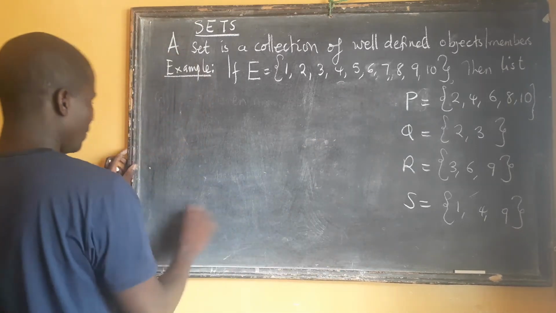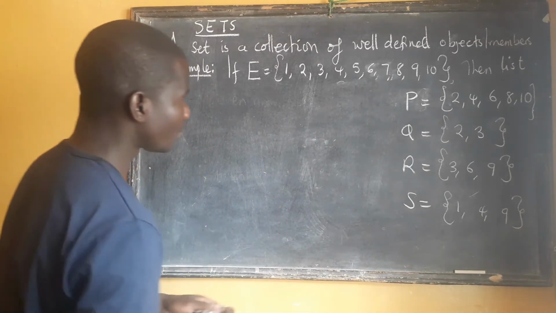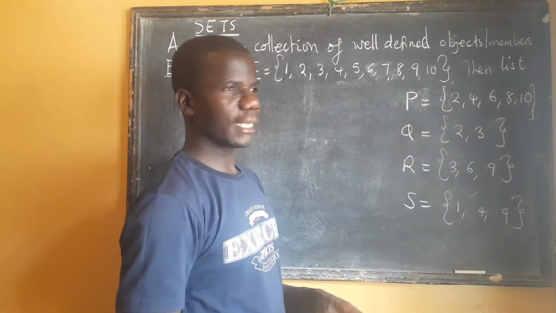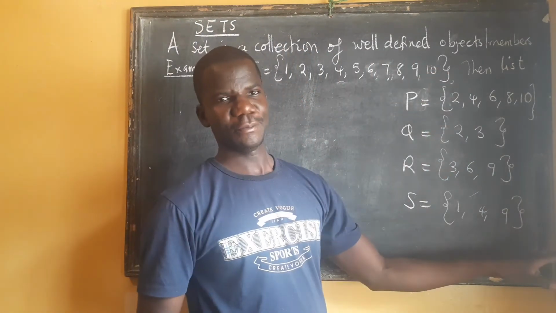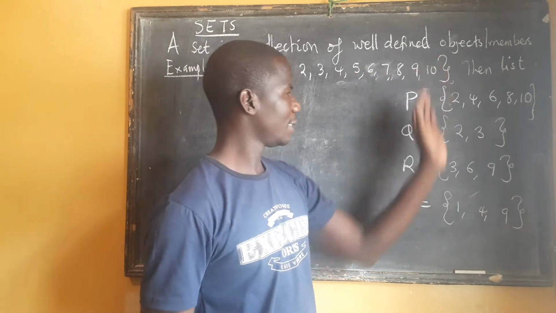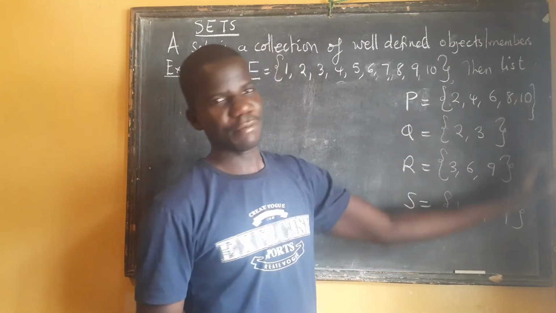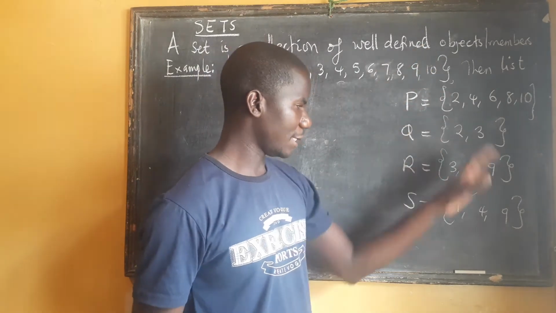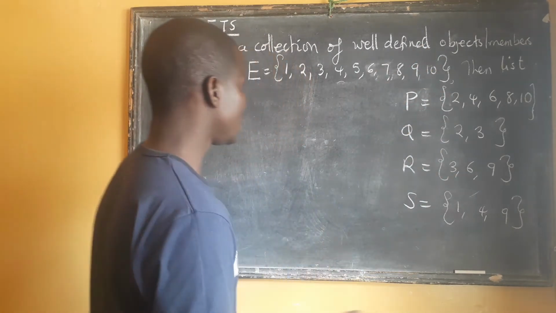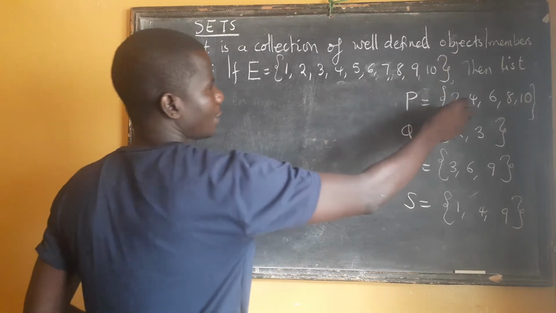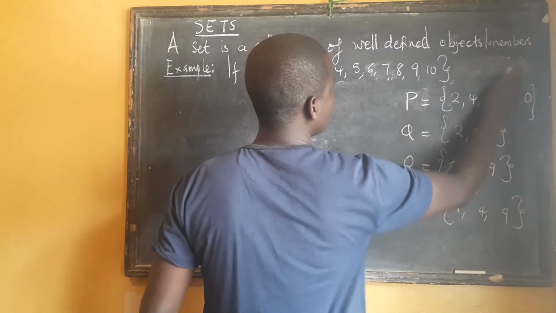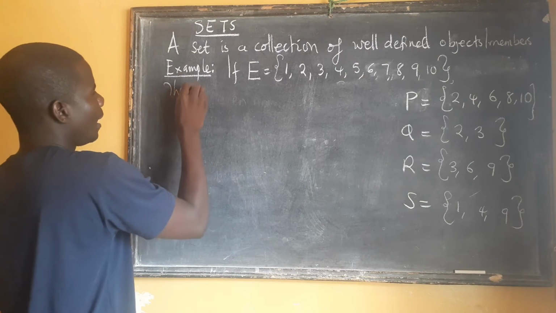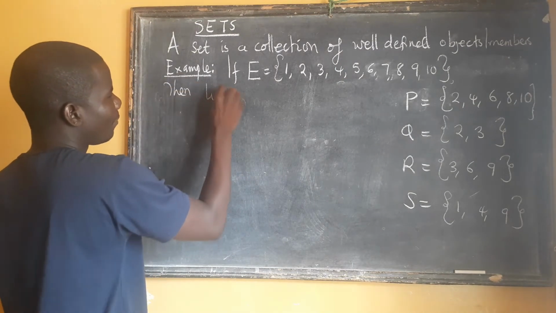So now we go to another part where we are given the universal set. These sets are listed. You are given the universal set, and also these sets are presented to you. Then we say, list the following sets.